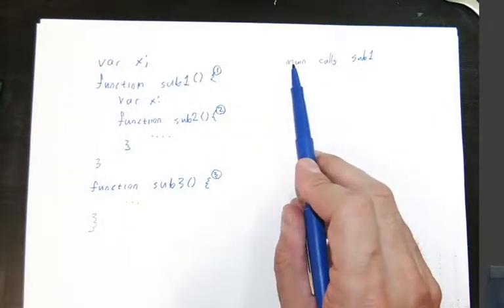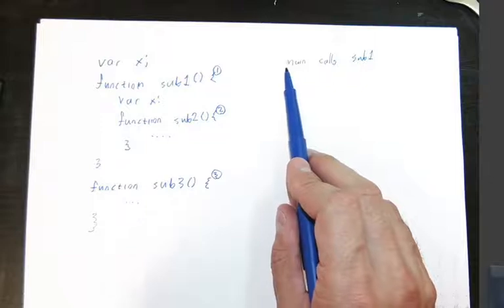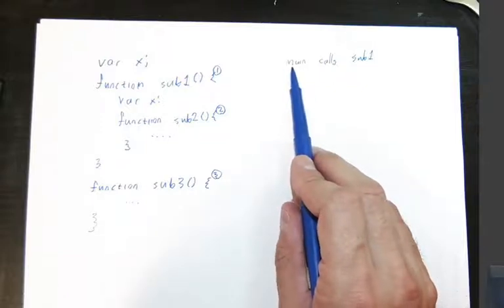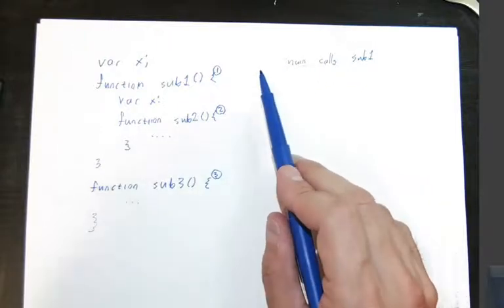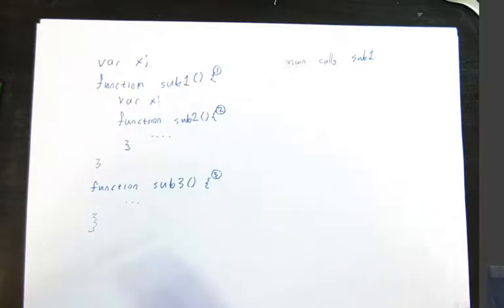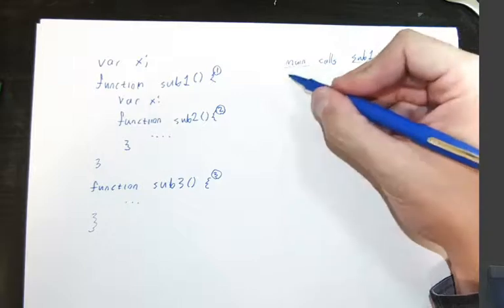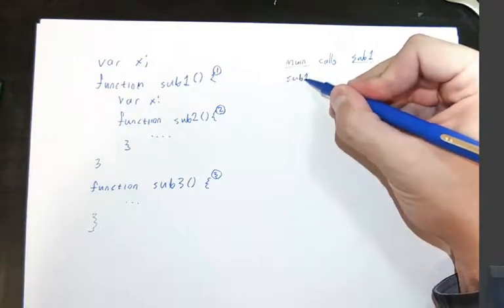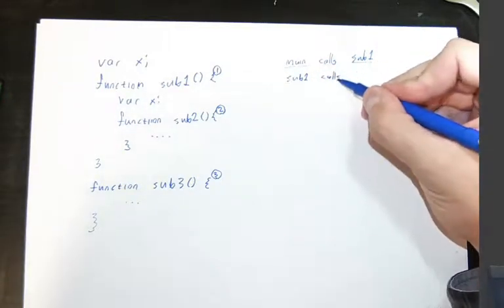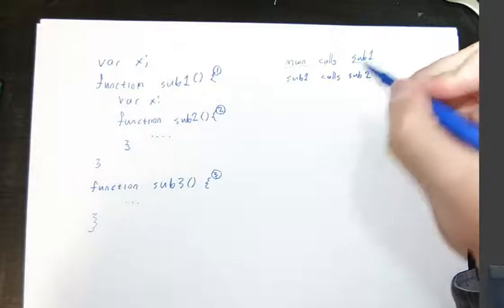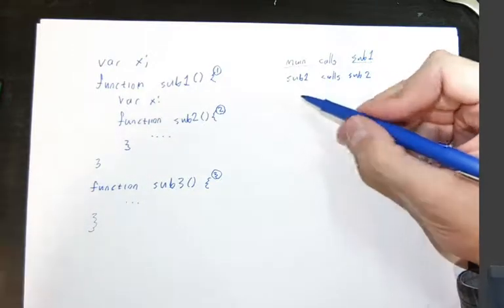Most of my JavaScript programs don't really have a main, so I'm not quite sure what they mean, but we're going to have to imagine that the main execution flow calls sub1. Sub1 calls sub2, and then sub2 calls sub3.